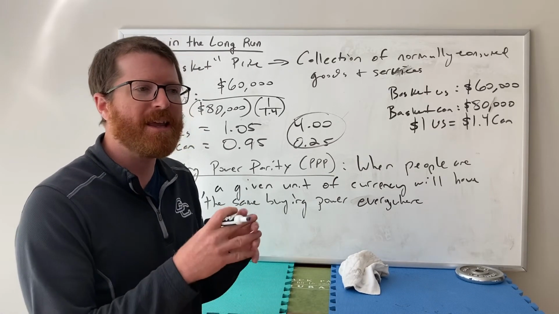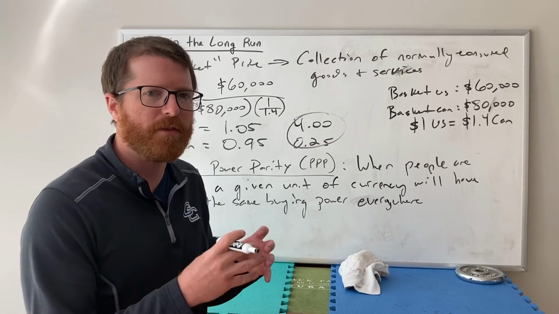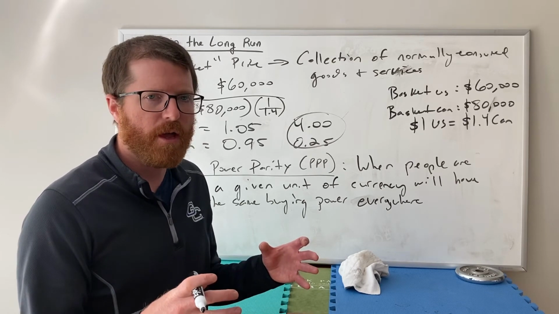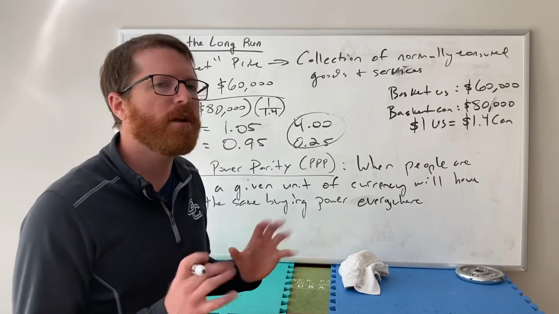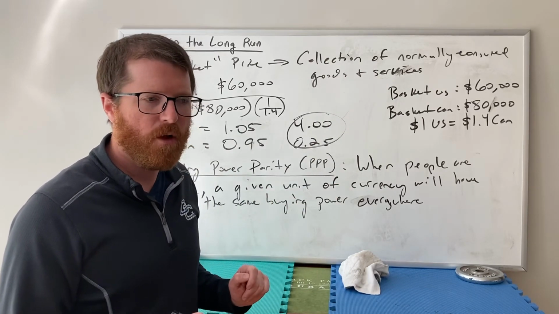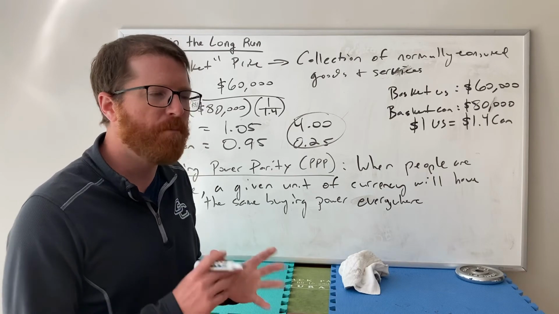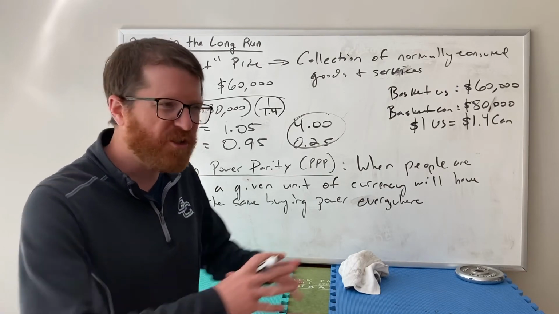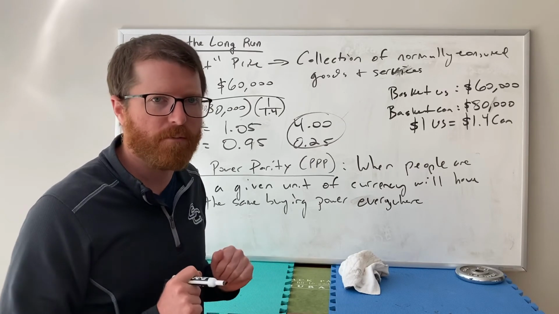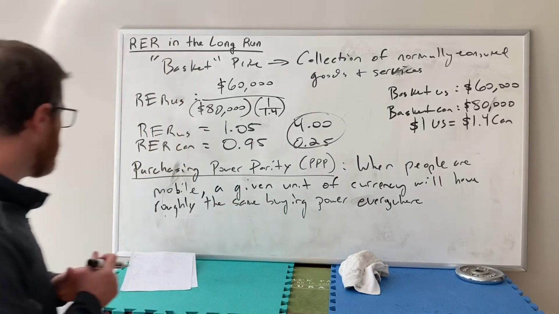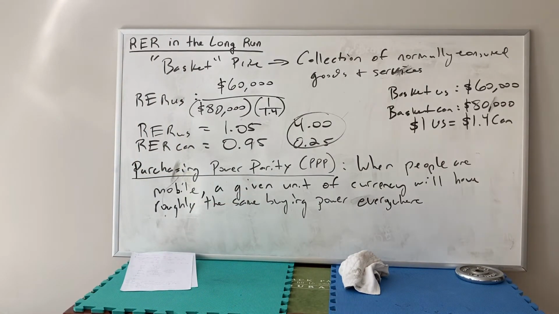It just means that in general, $1 has the same power. Okay? So if we think about the cost of living, having $100,000 in the U.S. would mean you have the same ability to live as you would in any other country starting with $100,000 in U.S. money. Okay? That's the concept of purchasing power parity.